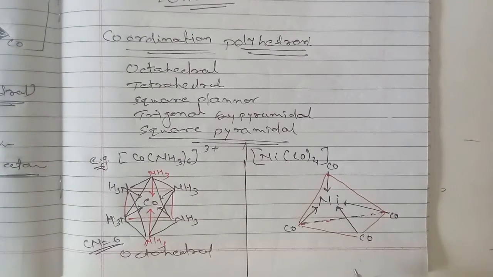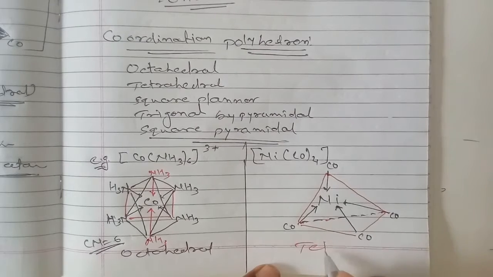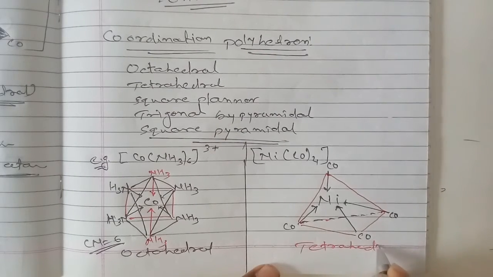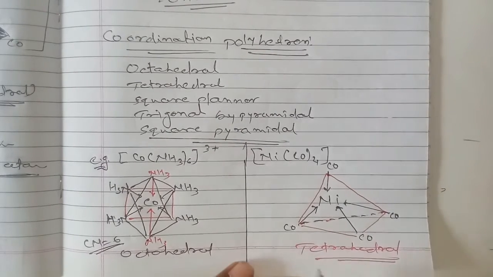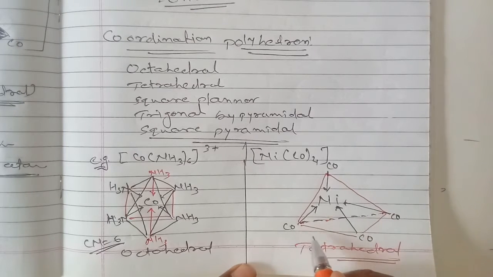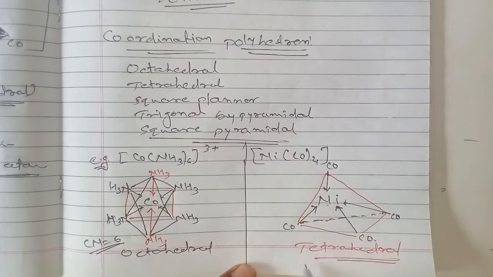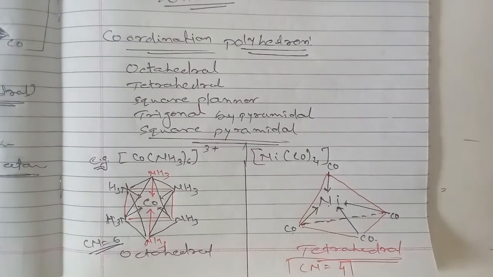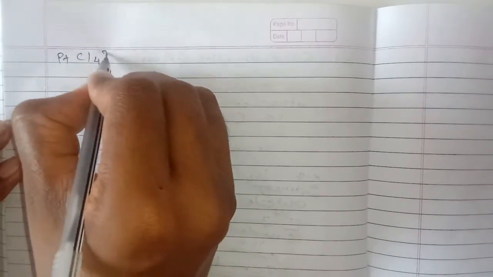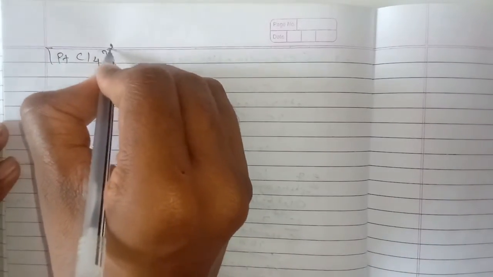So this shape is tetrahedral, and this 4 carbonyl group which is bonded with nickel, its coordination number is 4. And then another example, PtCl4 2 minus.